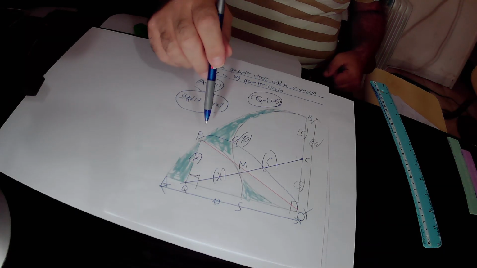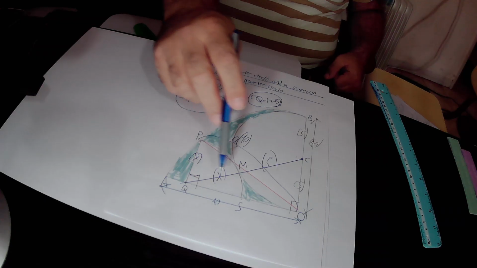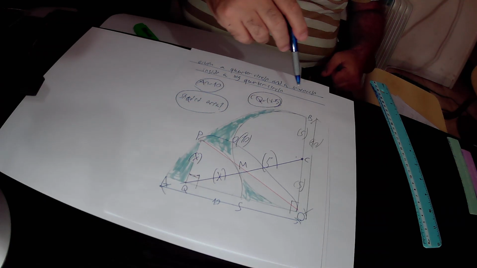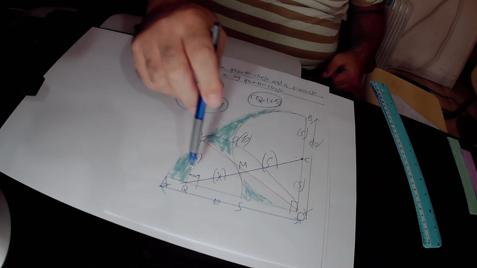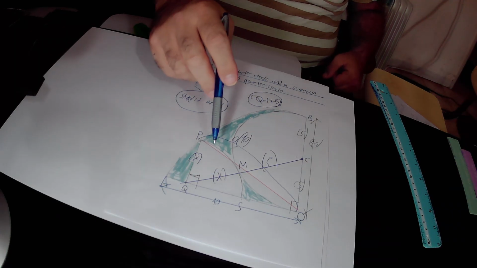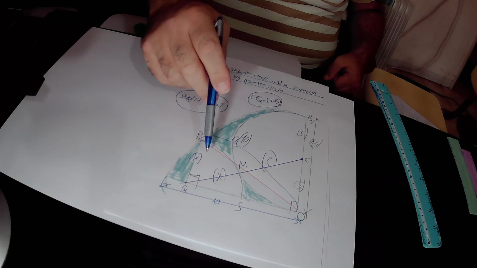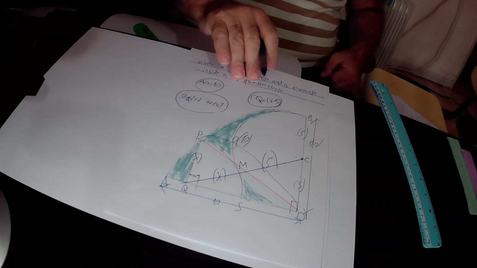The area of this shaded region in total must be equal to the area of the big quarter circle AOB minus the area of this semicircle minus the area of this small quarter circle PQS. So I write it down.